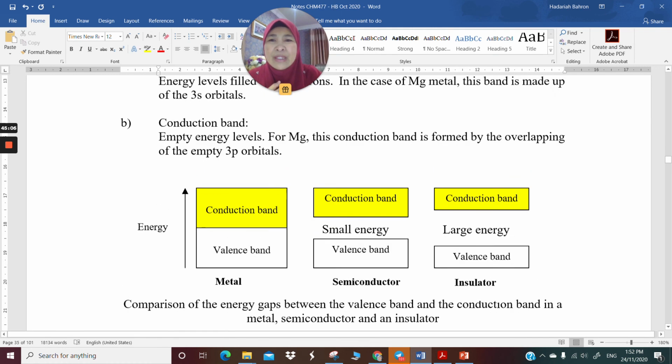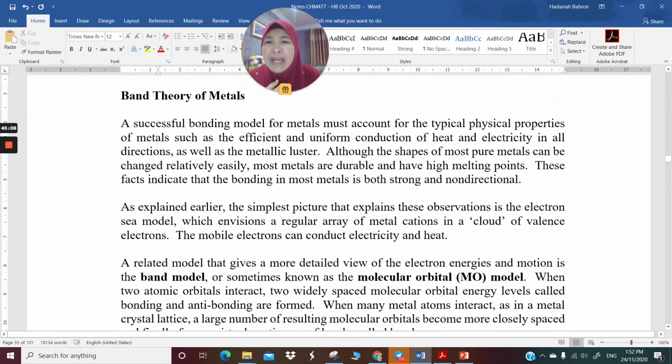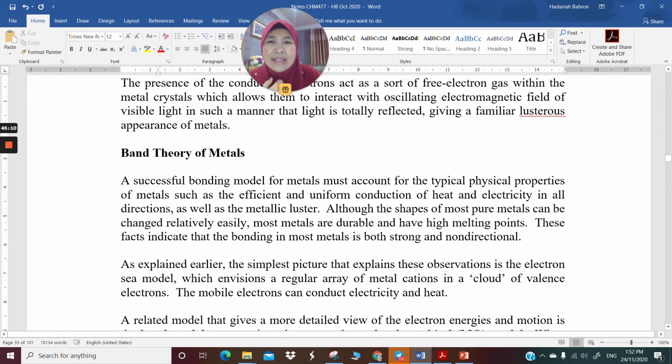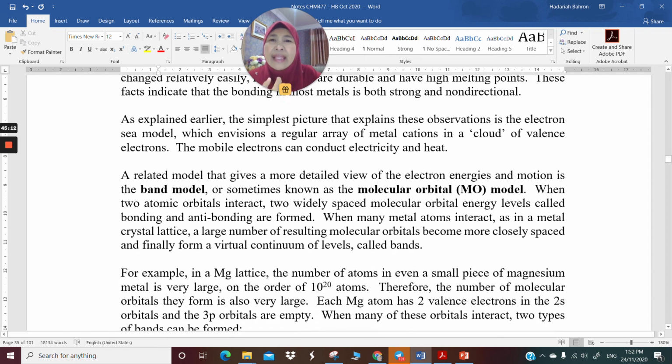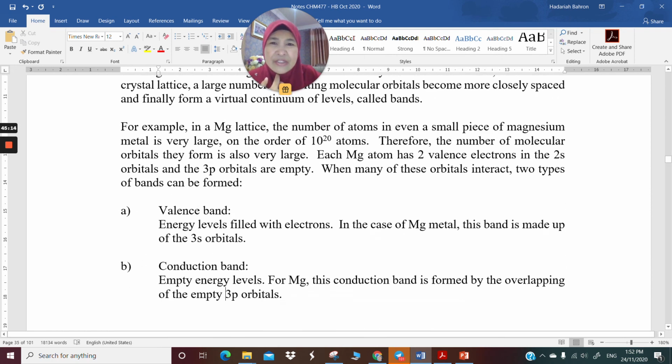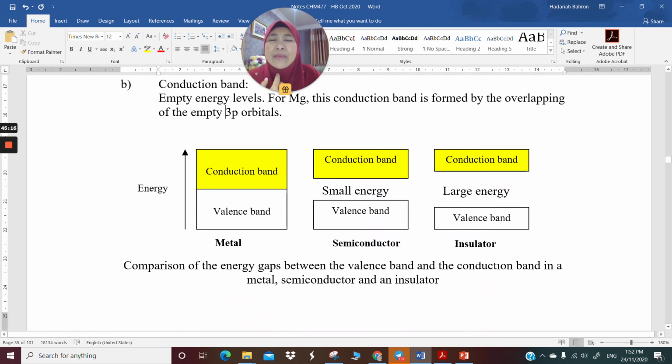Lastly, I explained to you the band theory of metals that gives a good explanation why the behavior of metal is very different from insulators and semiconductors.